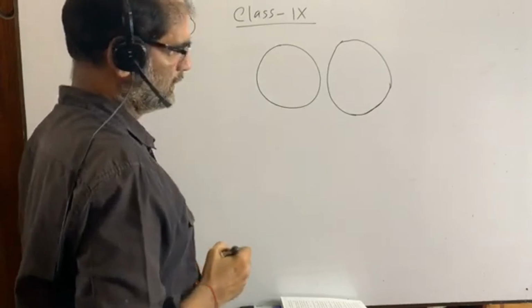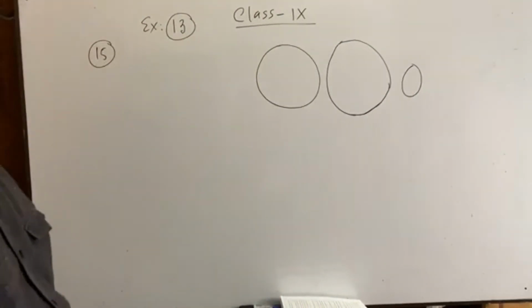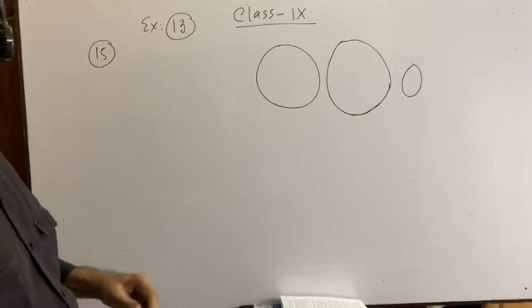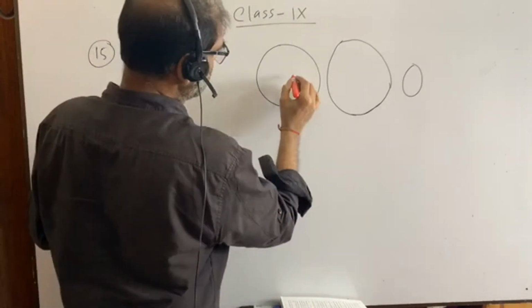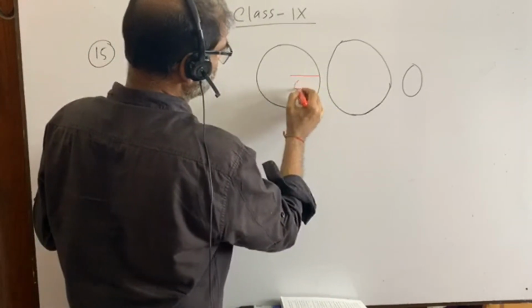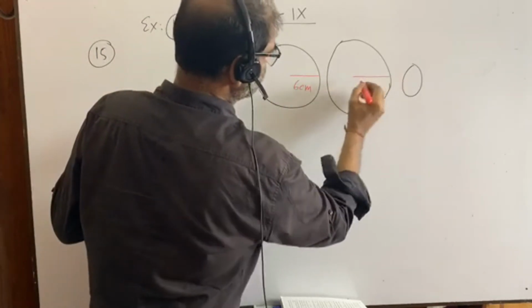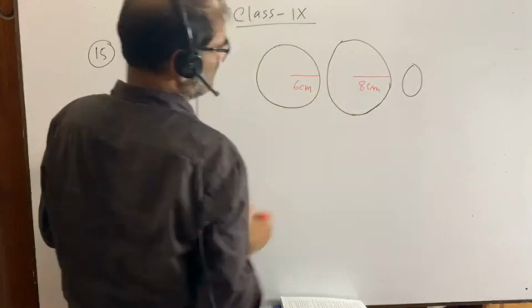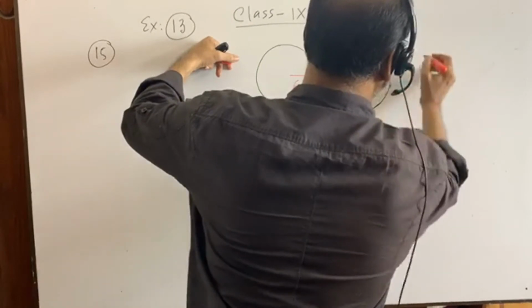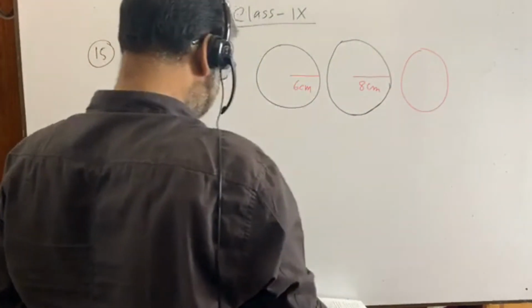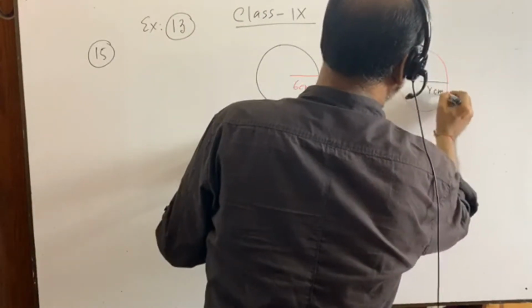Suppose its radius is 6 centimeter, its radius is 8 centimeter, and its radius is r centimeter.